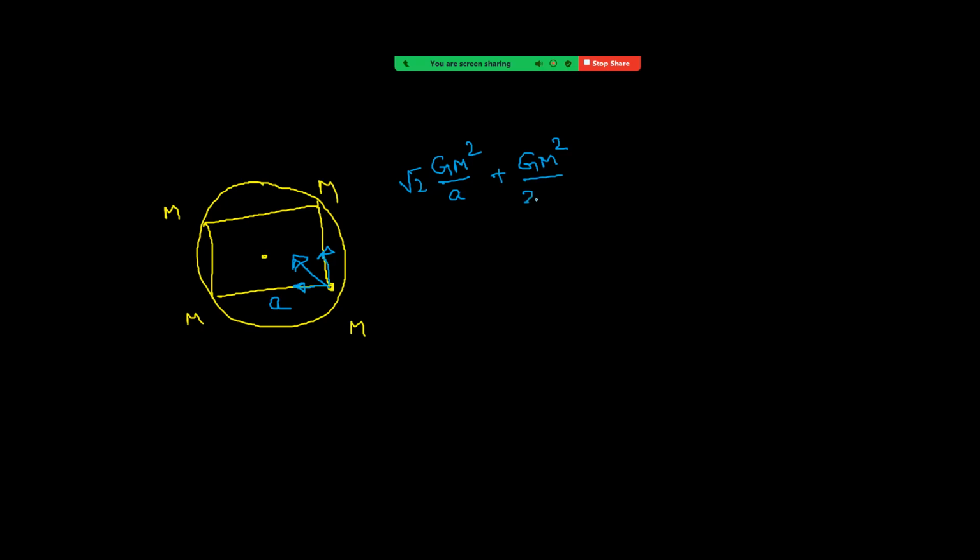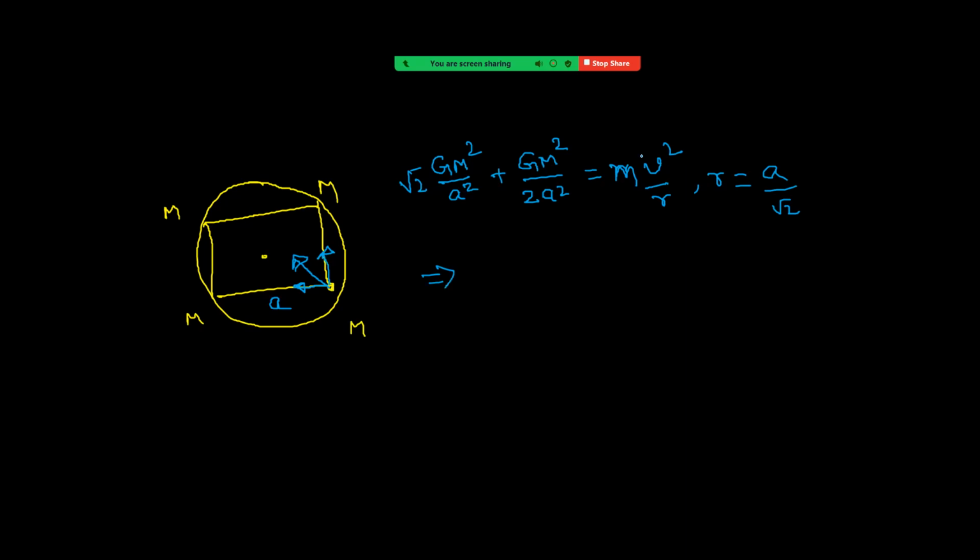It becomes 2a square. This is net force. That net force equals mass into acceleration. Acceleration is v square by r, where r value is now a by root 2. Okay. R value is a by root 2.